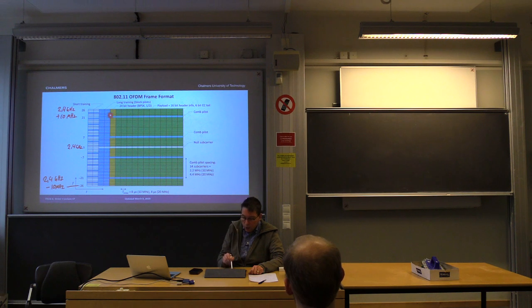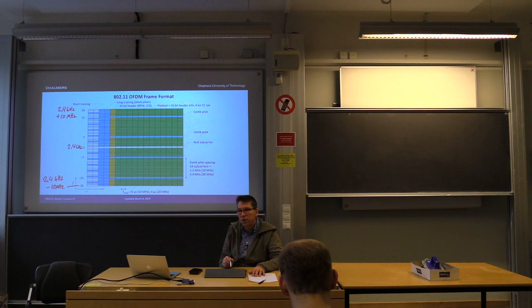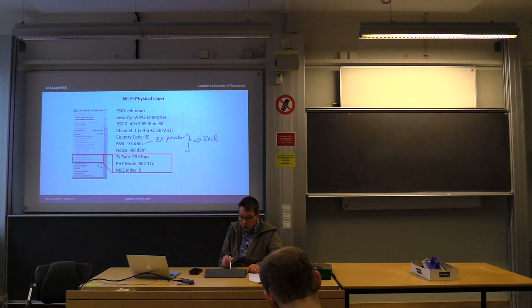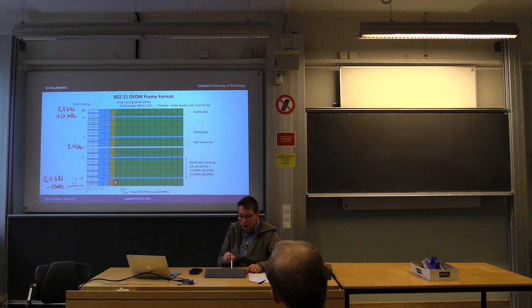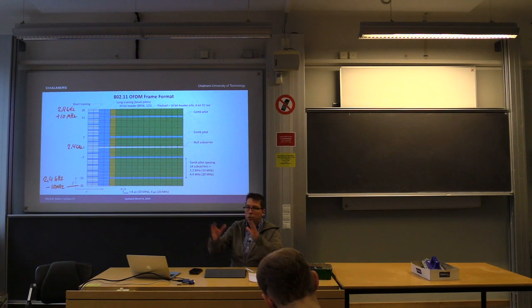Then the yellow part here carries some information about what coding and modulation scheme is used for the data, and the data is in the green part here. So the information about the transmit mode and the modulation and coding index is carried in the yellow part. The receiver doesn't know the format of the transmitted symbols.